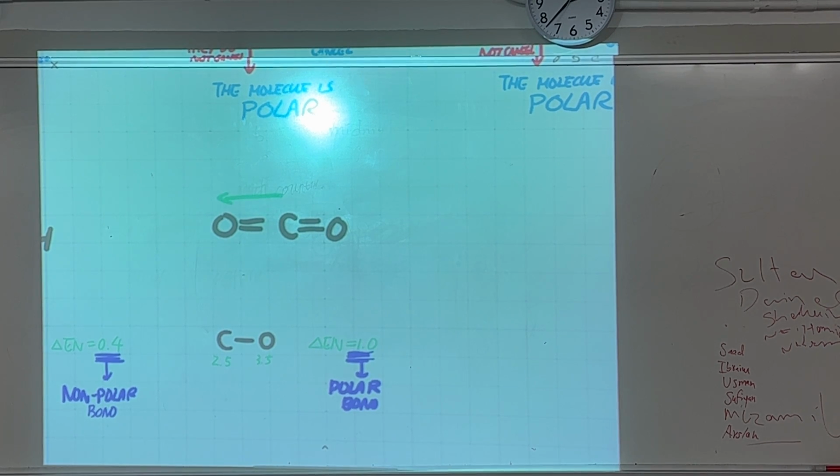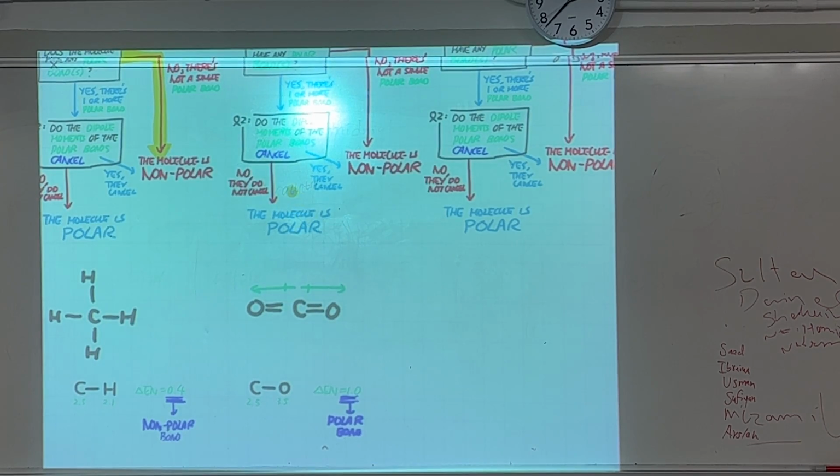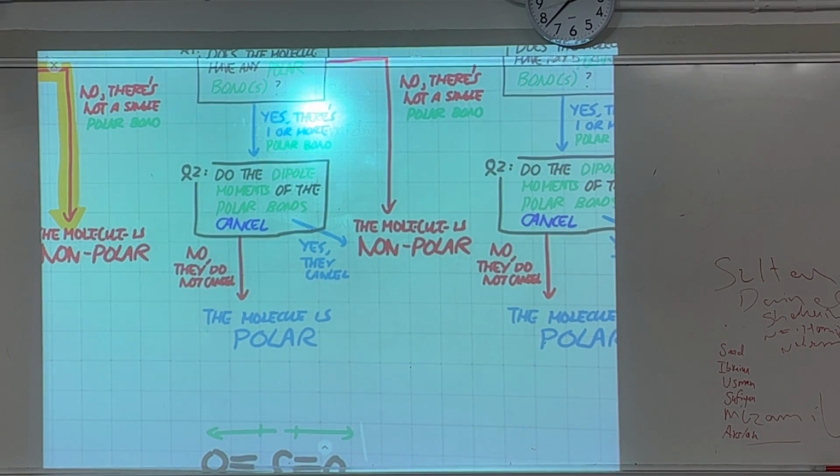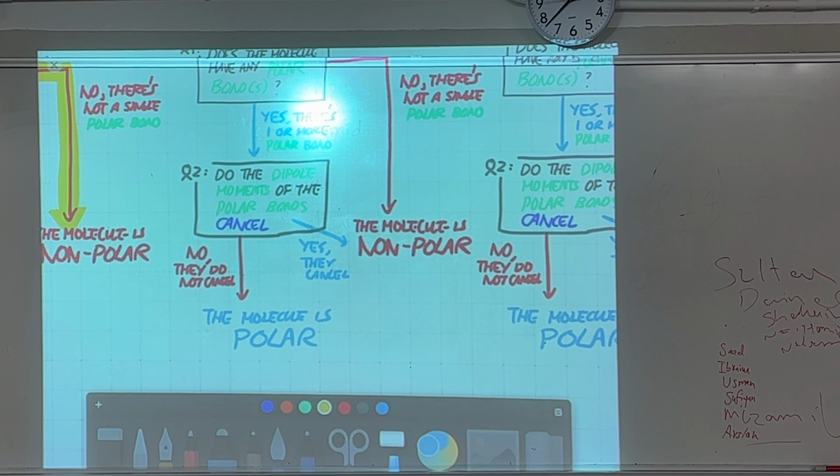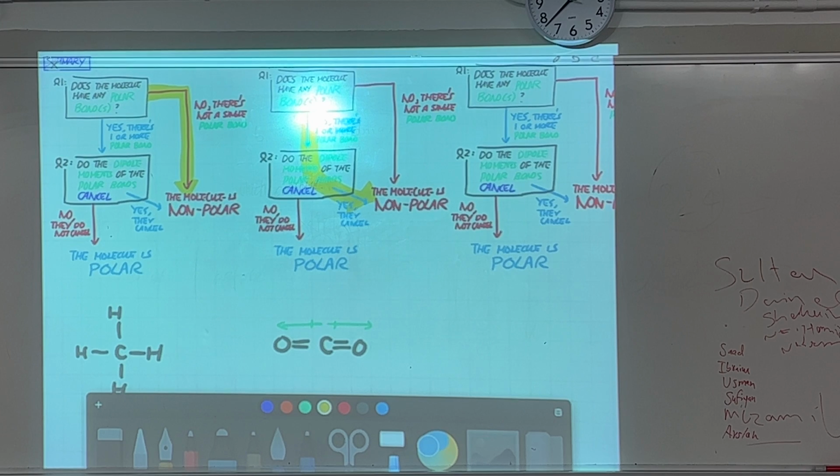Towards O, right? So now your question is, do these dipole moments cancel? Yes. So therefore you answered yes to the first question and yes to the second question. Which means, what's your conclusion? The molecule, is it polar or non-polar? Non-polar, right? Still.